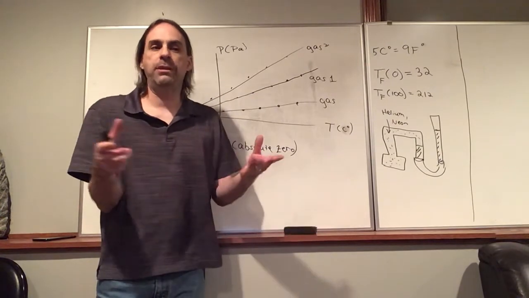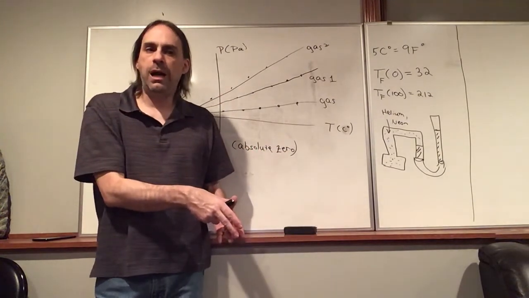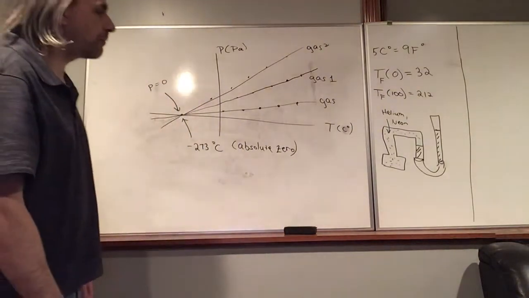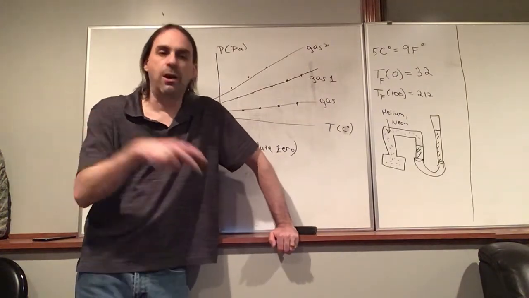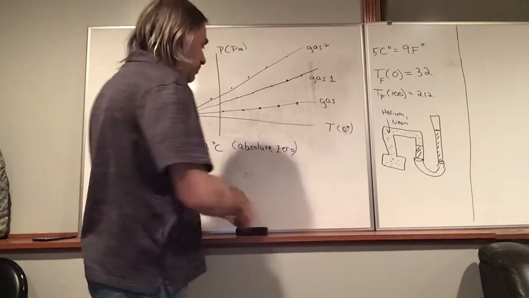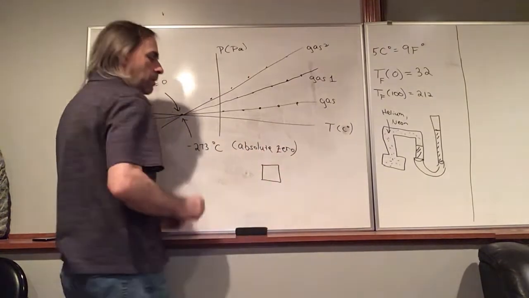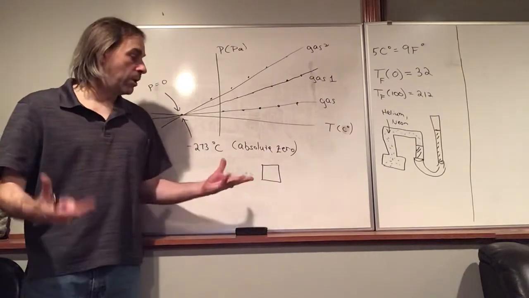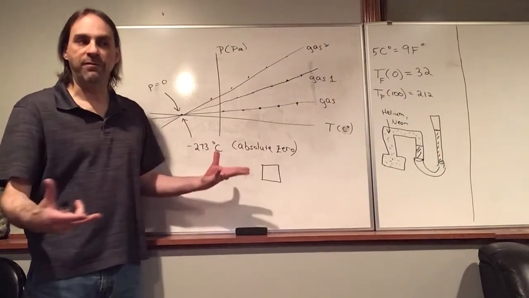So if you have something, you can cool it down, and you want to get to absolute zero, you're never going to make it. The reason why goes back to the basic idea that heat wants to go from hot to cold. So say we have this object, and say we make this cold. Heat wants to flow in. So say this object is in some environment.